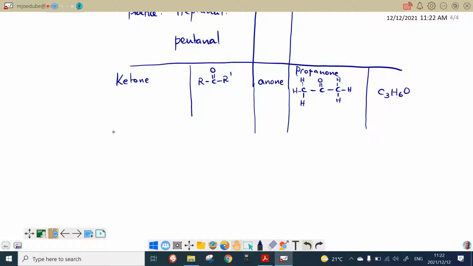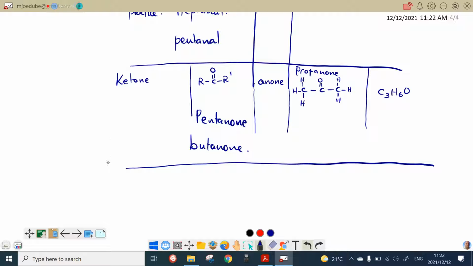Give the structural and molecular formulae of the following ketones: pentanone and butanone. Then after that we have got carboxylic acid.